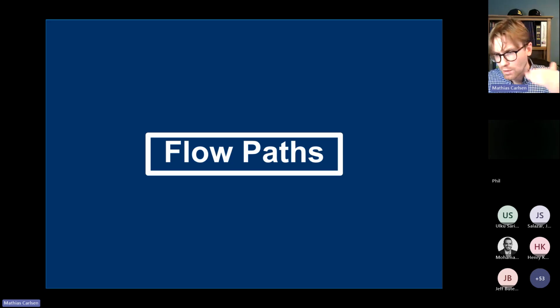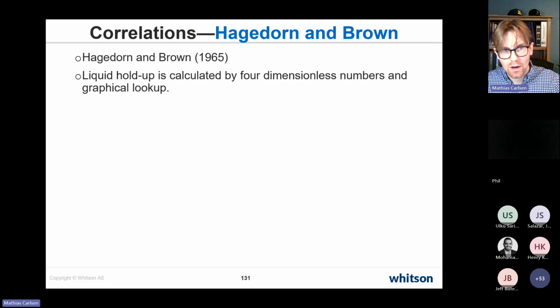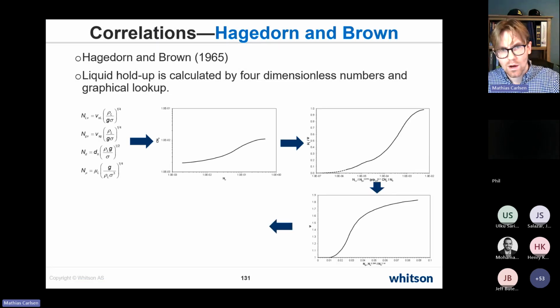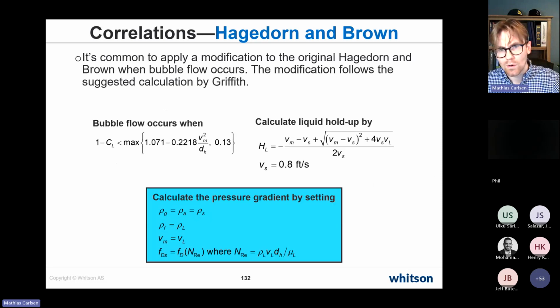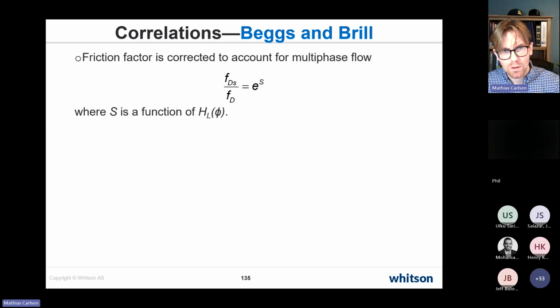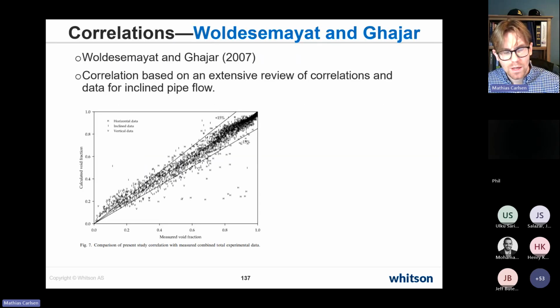And also in the appendix, if you would like to know exactly the details of the different correlations, there is a correlation piece going through at least the high-level items of Hagedorn and Brown, then Beggs and Brill, and then it walks through Beggs and Brill and Gray, and the last one is Vølund and Gray.